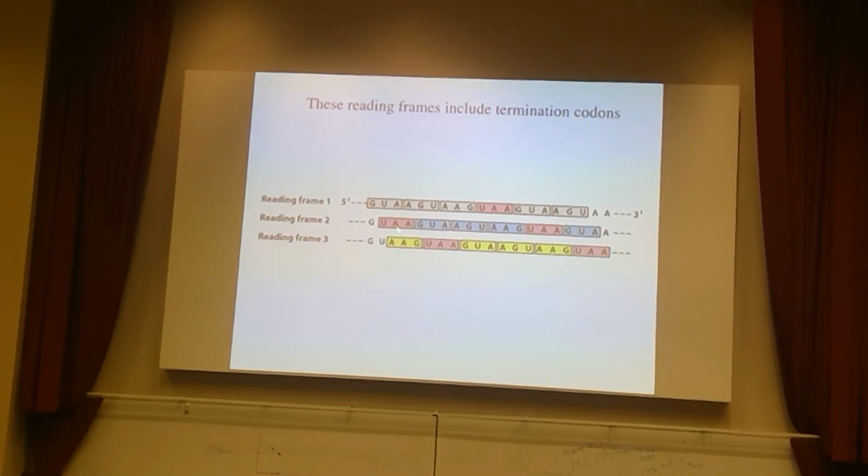All right, so this describes why, in some cases, these repeating tetranucleotide sequences would generate only, let's say, a di or tripeptide.